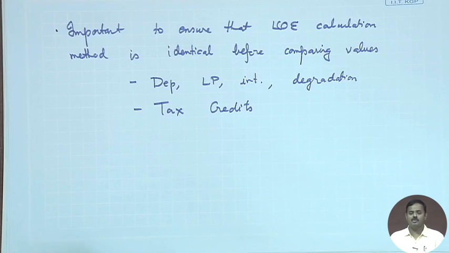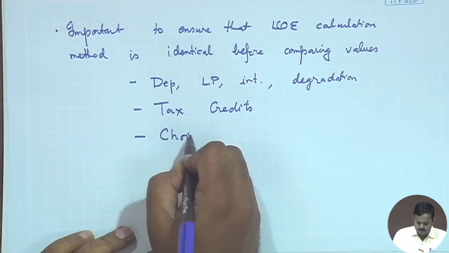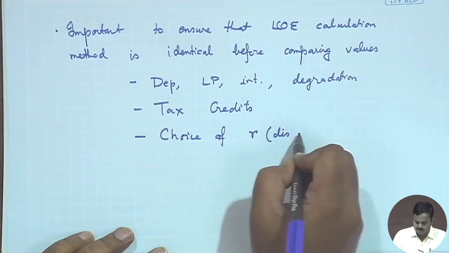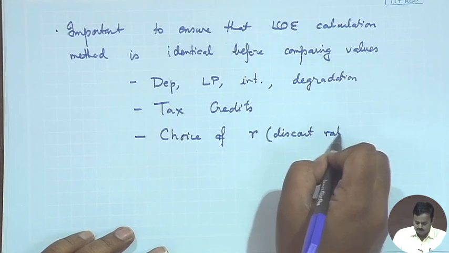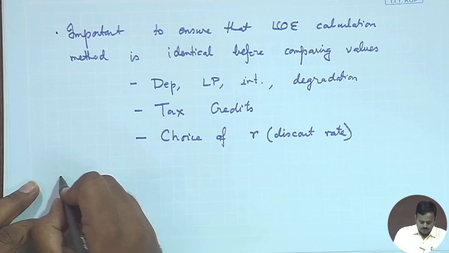It is just the fact that you are putting up a solar panel, let's say in California, they get a rebate on their electricity bill. Okay. What else? The choice of R, right, the discount rate. This can be arbitrary, this can be subjective, and can play a huge role in altering the value of your LCOE. Okay. So, all this needs to be kept into account, right.